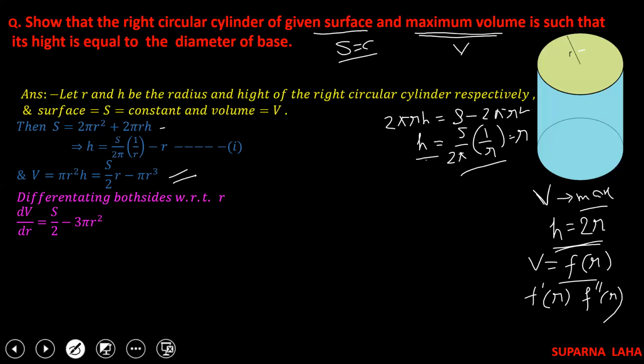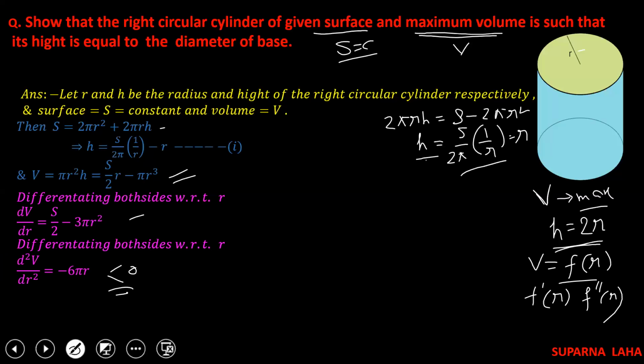This equation is very small and easy, and you can easily differentiate this function. Differentiate a second time also, you will find d2V/dr2, the second derivative of V, is given by minus 6 pi r. Since r is positive, this value is negative.